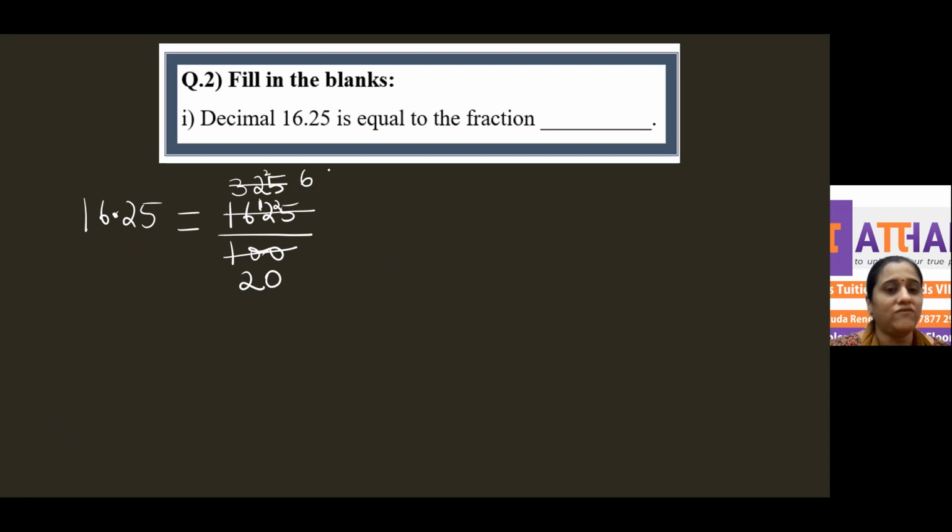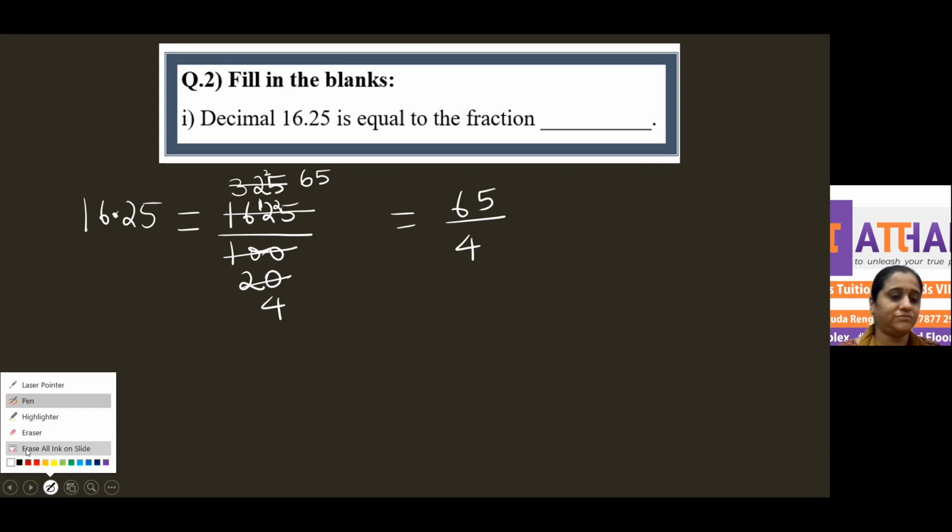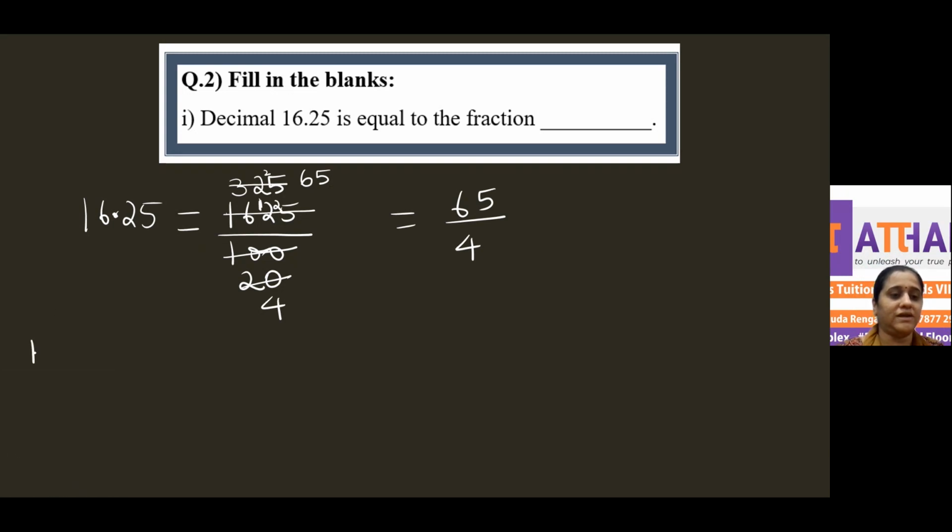Correct? 5 5s are 25. Then here 5 4s are 20. So it is equal to 65 by 4. So decimal 16.25 is equal to the fraction 65 by 4. Okay? Right.